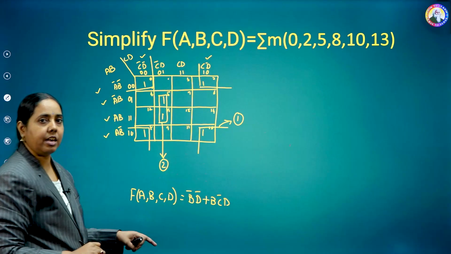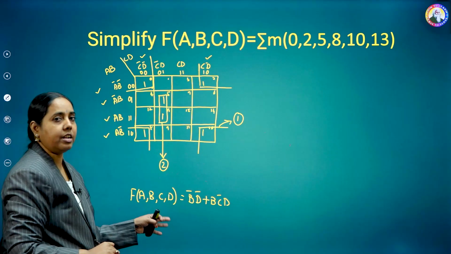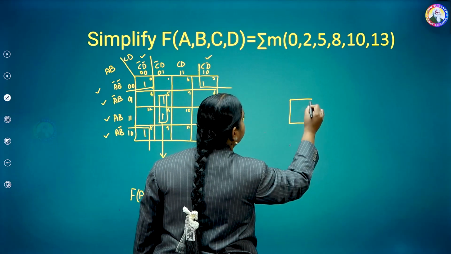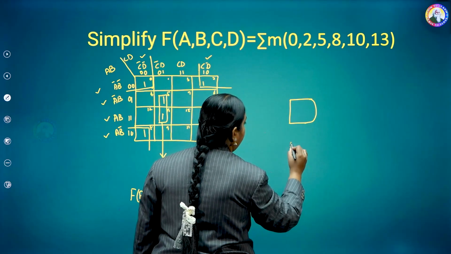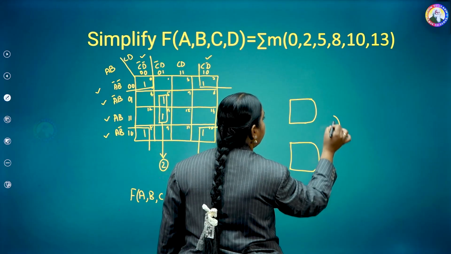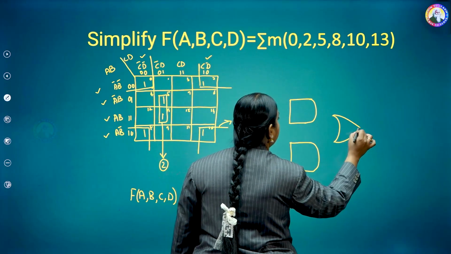So how many AND gates do I require? Here also I require 2 AND gates and 1 OR gate. For one AND gate I have 2 inputs, and for the other AND gate I have 3 inputs.